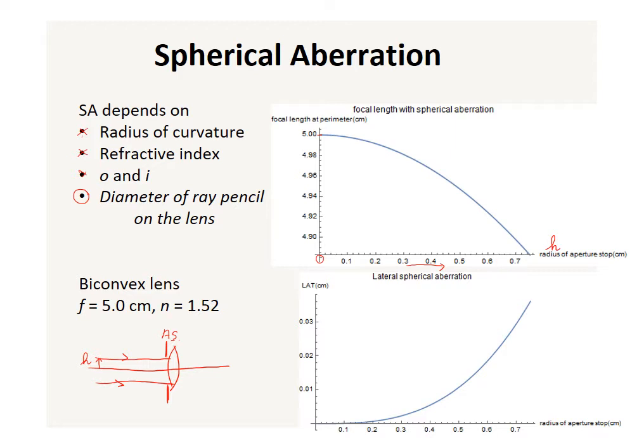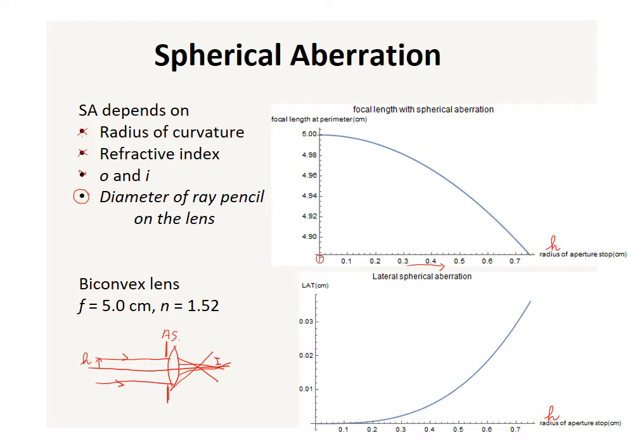So that means in this diagram down the bottom that the marginal rays will be focused closer to the lens than the paraxial rays. The paraxial rays are focused further away and much closer to the proper image plane, the paraxial image plane, that is. As we change H, the maximum height of rays that can get into the system, the lateral spherical aberration gets greater and greater.